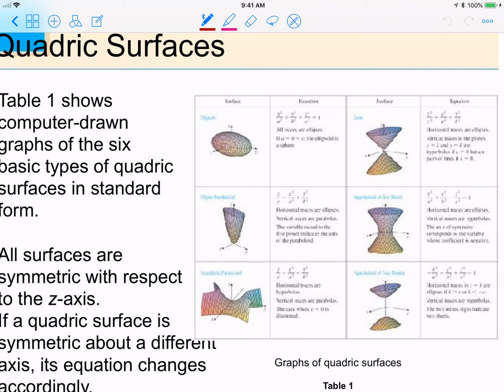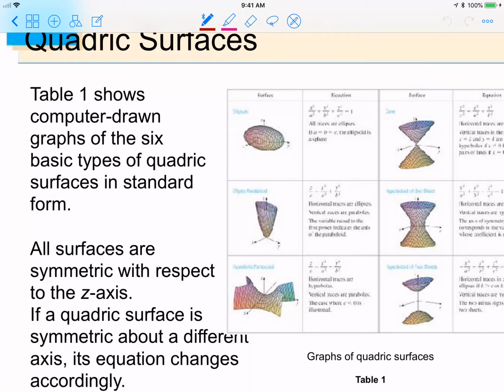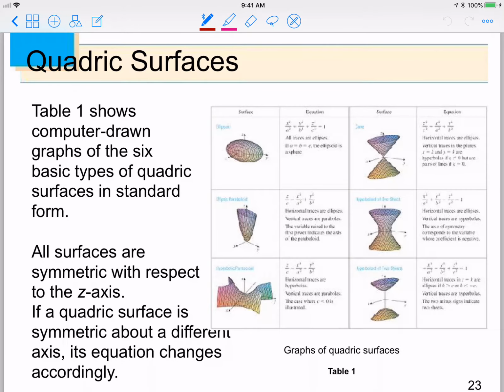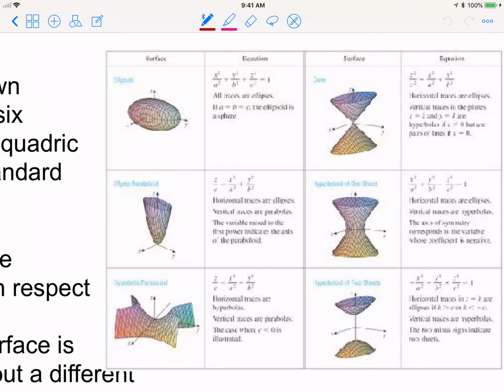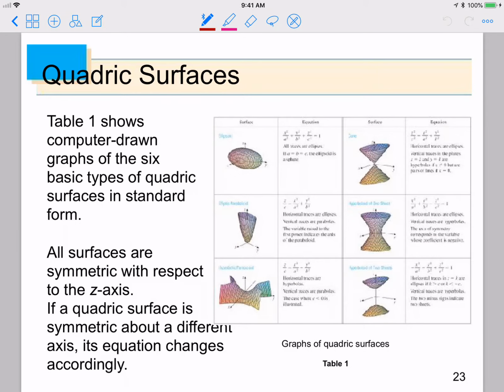We might do that this Thursday, a good time because we're at the end of the chapter. But also make sure that you are practicing using traces to sketch these surfaces as well. This is a little chart that can be found in your textbook. All right, that's it.